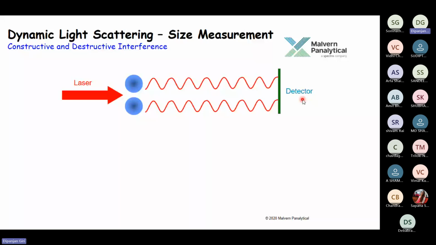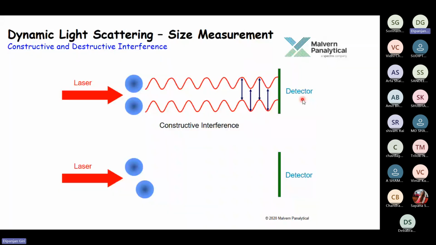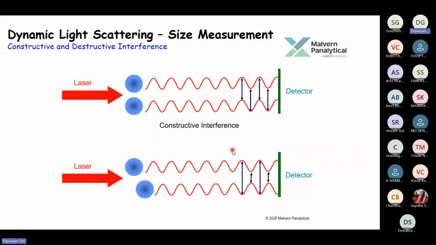On the other hand, if you have two particles like this, where the negative coincides with the positive and the positive coincides with the negative, then the intensity received at the detector will be zero, and this type of interference is known as destructive interference.